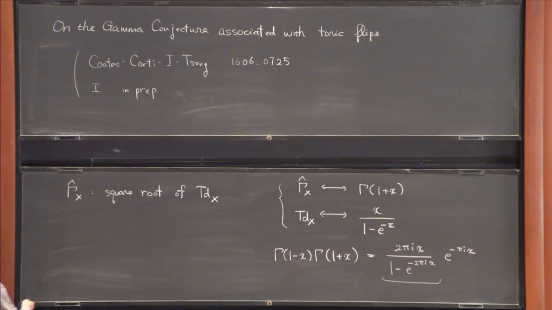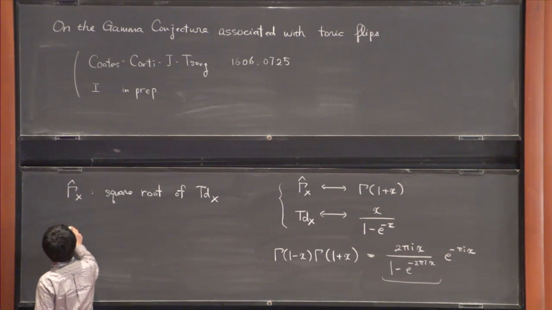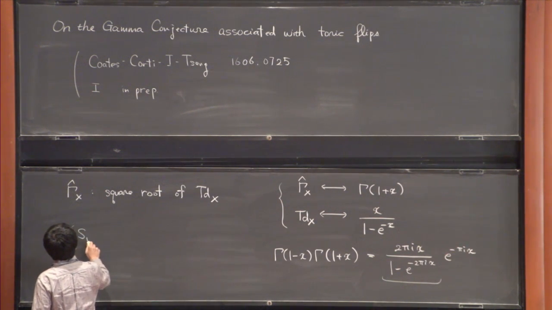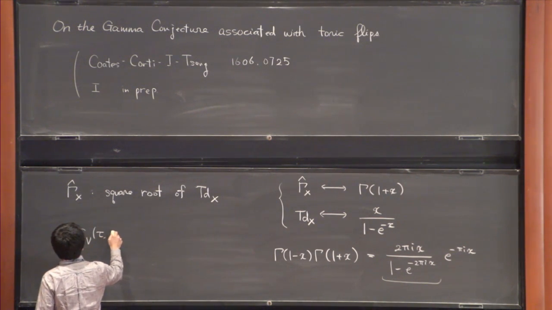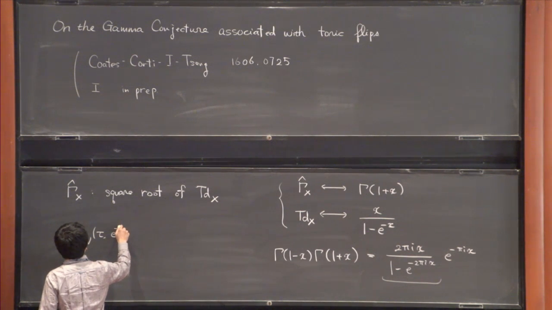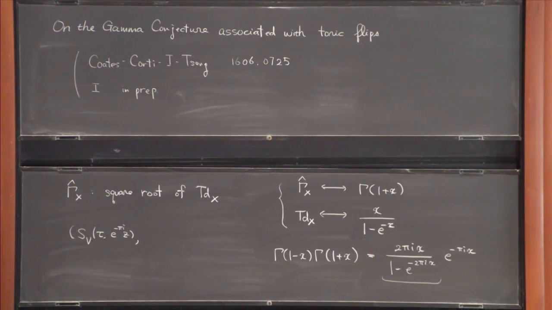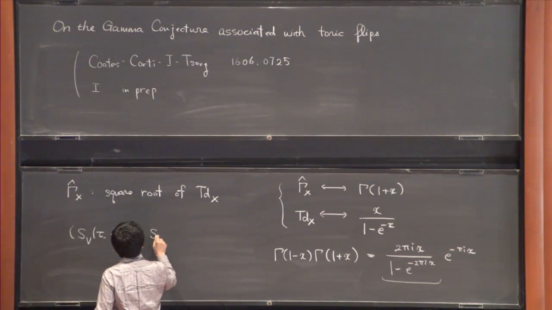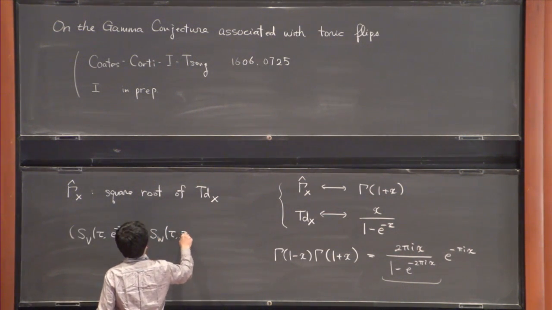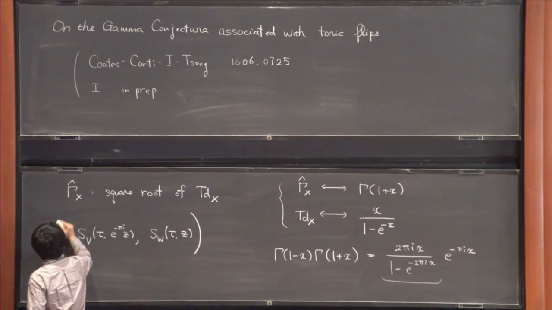And moreover, you can also see that this flat section is associated with this vector bundle. If you consider the following pairing, this is a Poincare pairing.